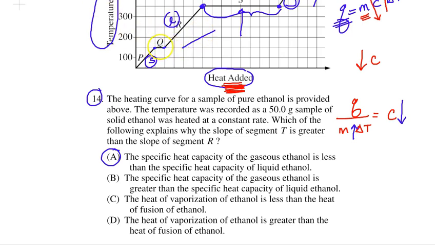So the lines on the flattened ends, the plateaus, represent the phase changes. This line represents this amount of energy, called the heat of fusion. And going from here to completely vaporize a sample, that's the heat of vaporization. That line should always be bigger. Again, understanding the wrong answers is sometimes just as important as the right.